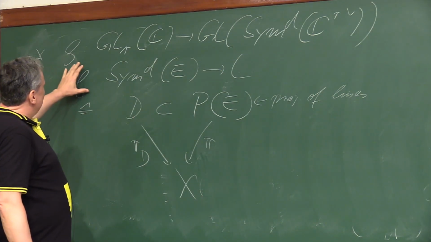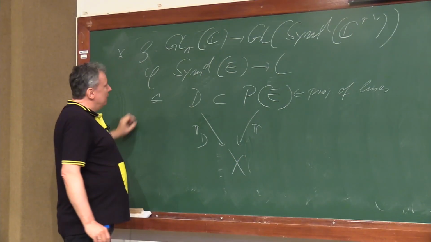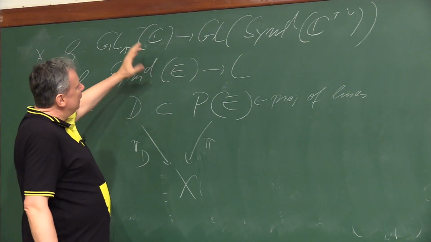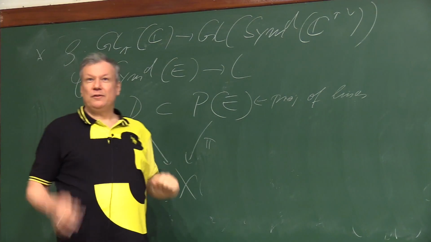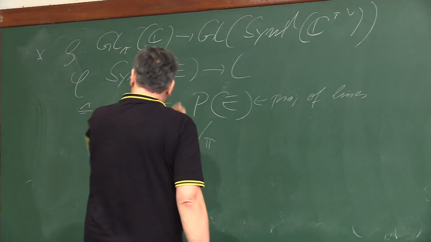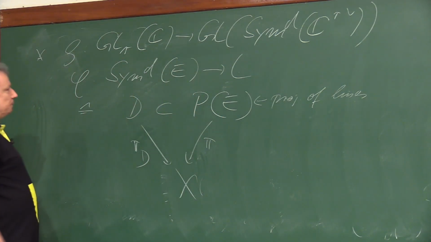So if phi is non-zero, it will be generically surjective. At points where it is not surjective, you will have just the whole projective space as a fiber, so this might be reducible.